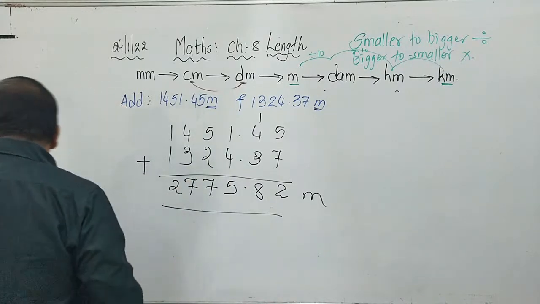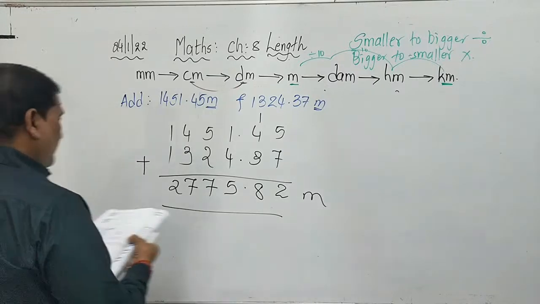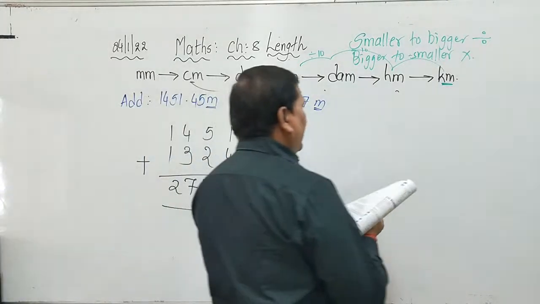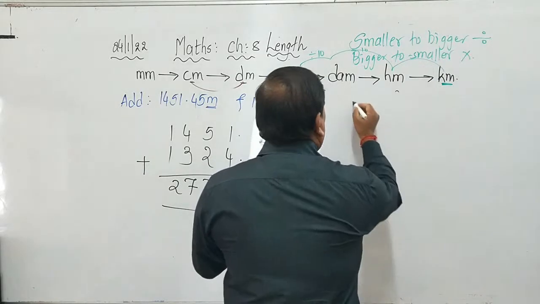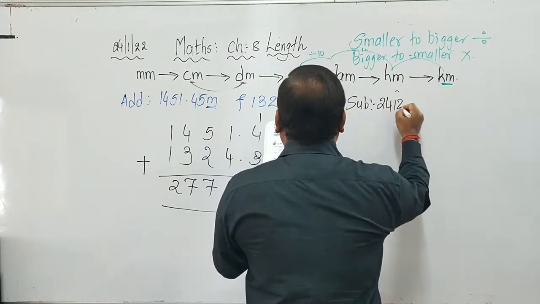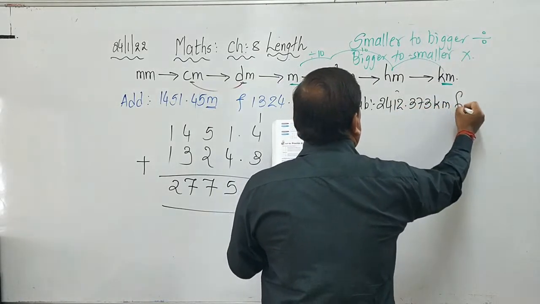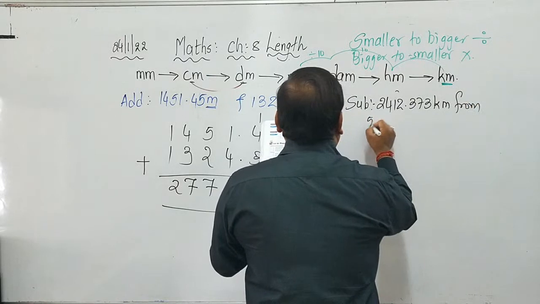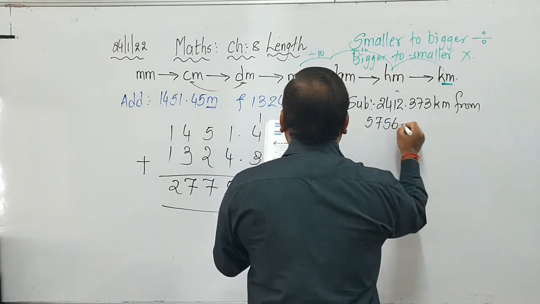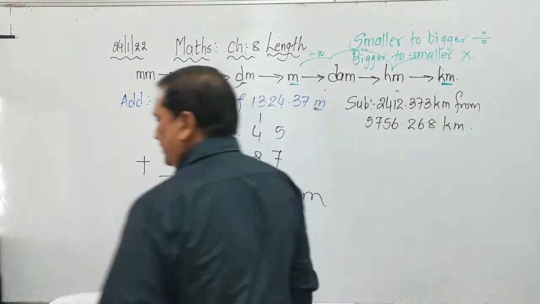Now we will see about subtraction. What it has been given. Subtract what? 2412.373 kilometer from what? 5756.268 kilometer.